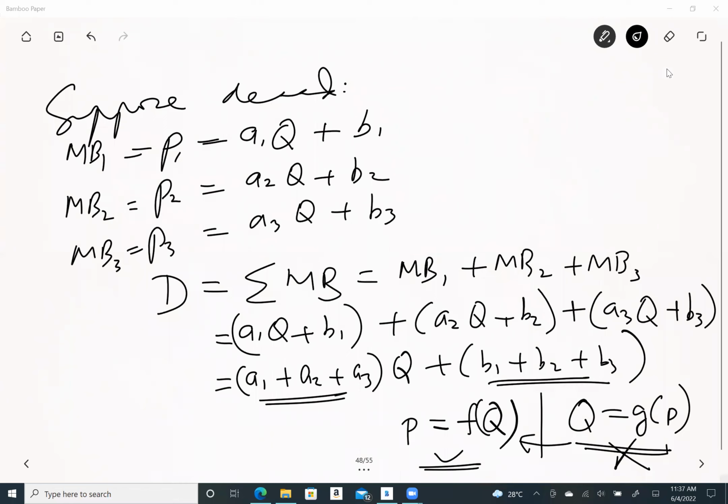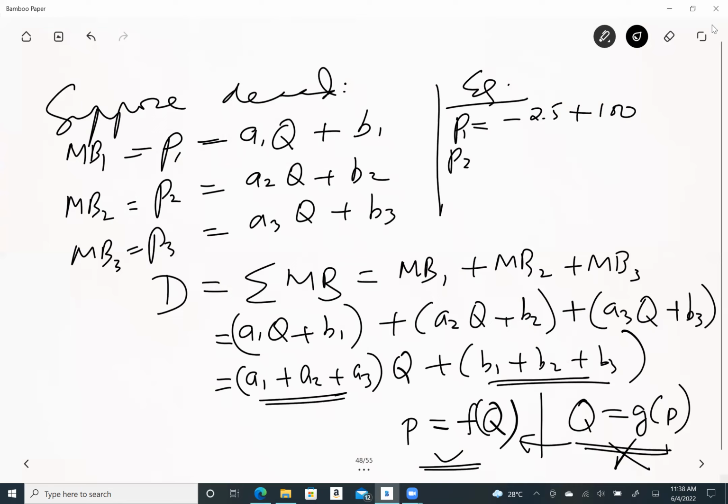Okay. So I'll give you an example of a demand equation. Say P1 equals negative 2.5 Q plus 100.